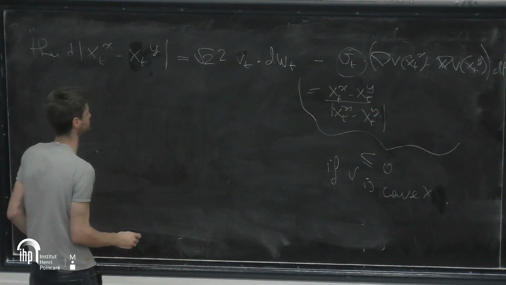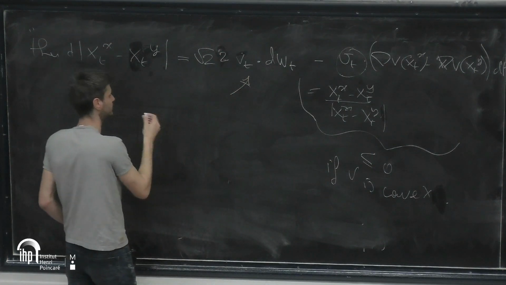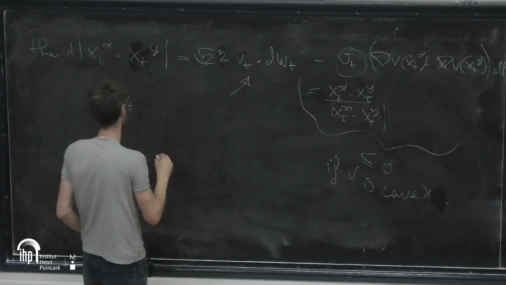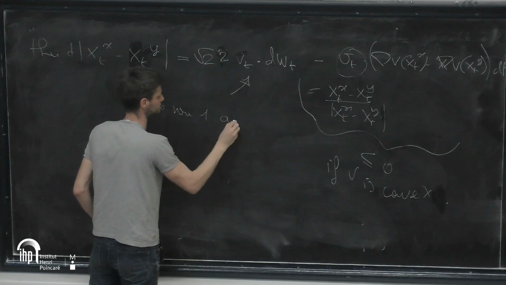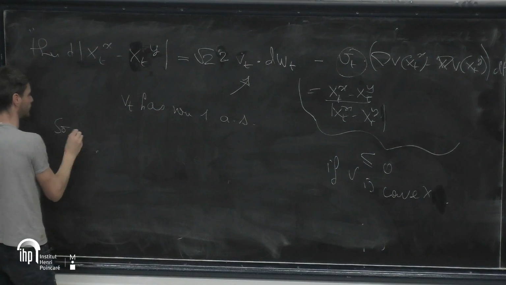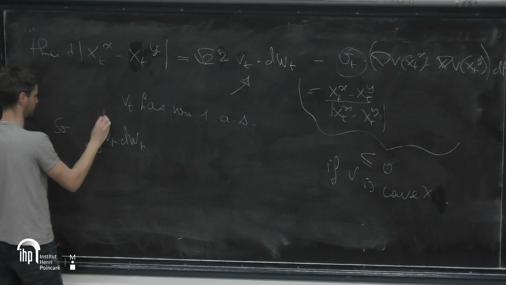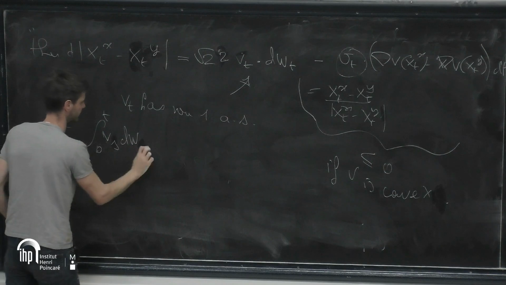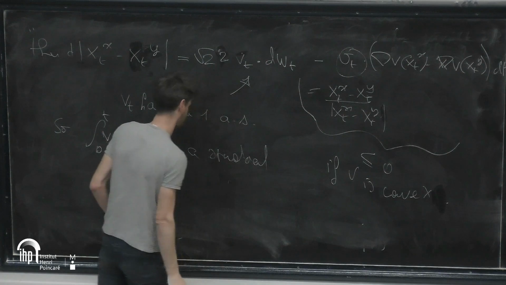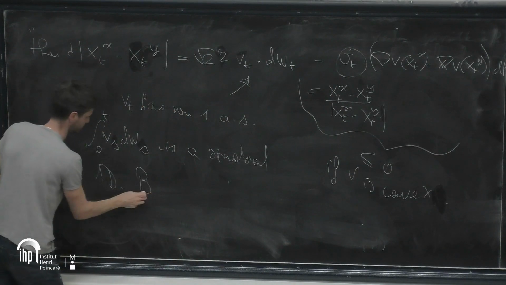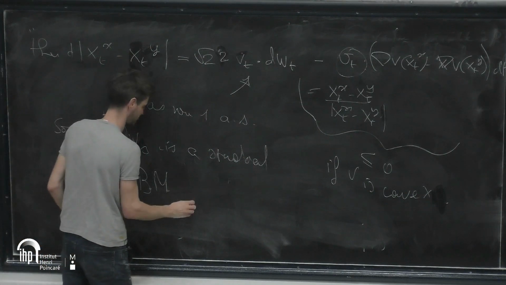And vt has norm 1 almost surely. So the integral of vt dWt is a standard one-dimensional Brownian motion, which I call Bt.